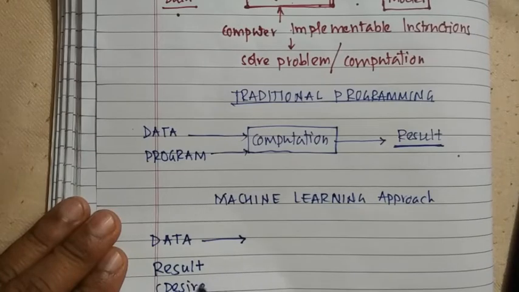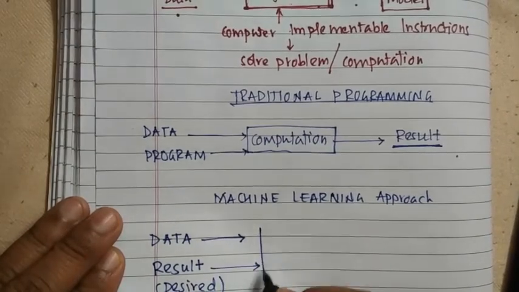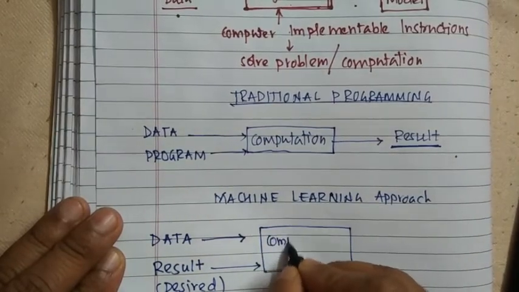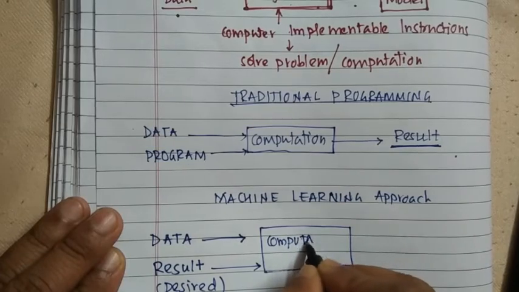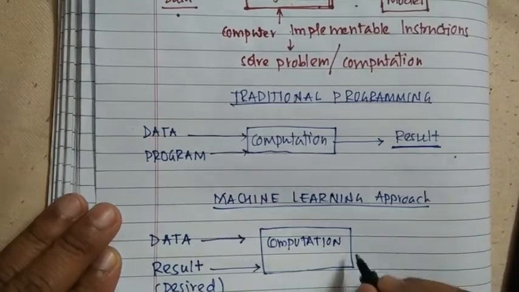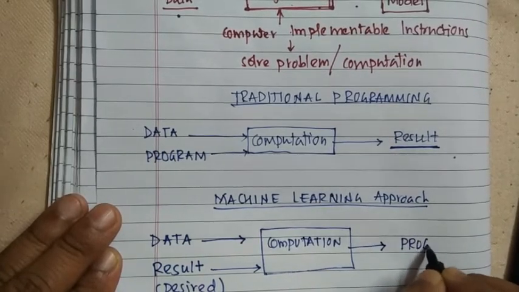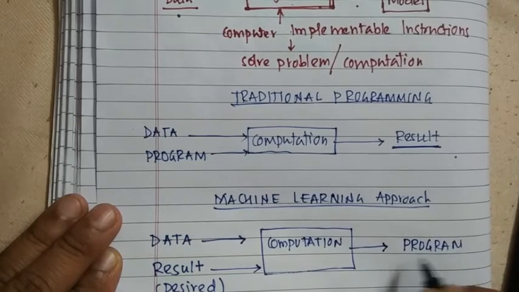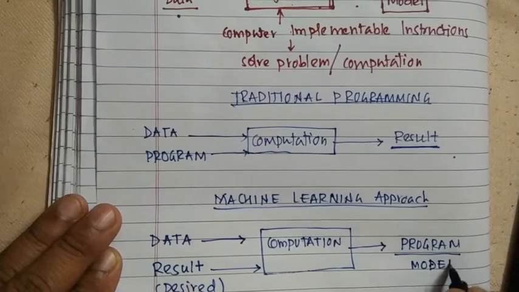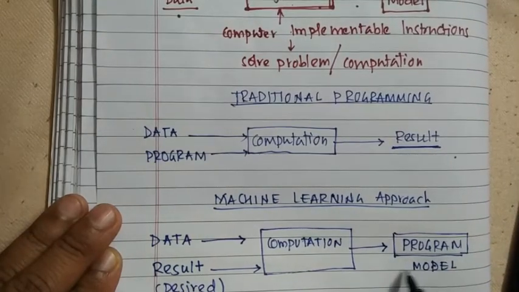These desired results are provided to the computation system, and what we get as output is a program or a model, a machine learning model.